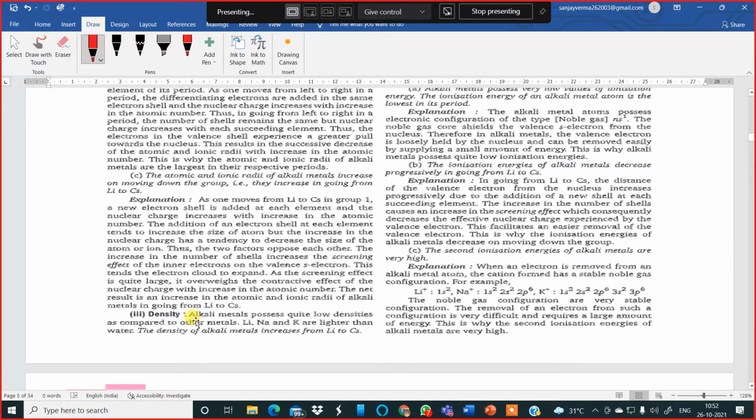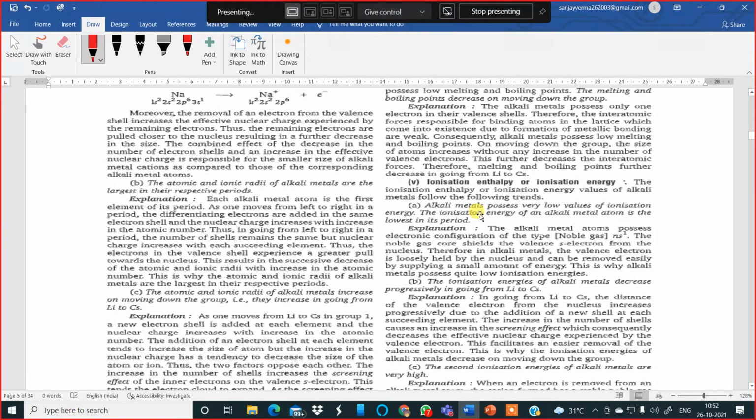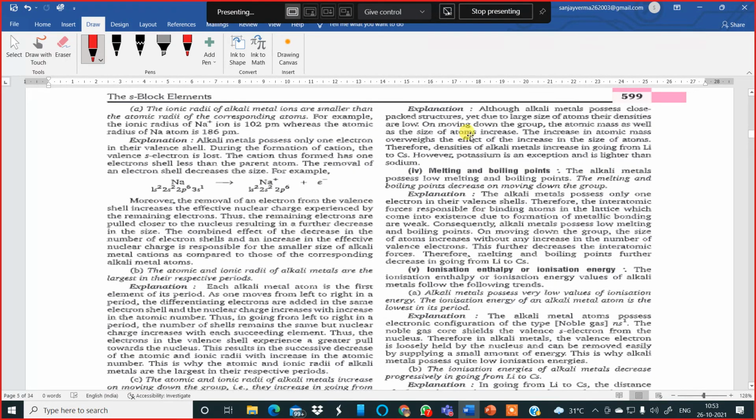Density, you can mark it, it is important. Alkali metals possess quite low densities as compared to other metals. Lithium, sodium, and potassium are lighter than water. The density of alkali metals increases from lithium to cesium. Remember that. Then, the explanation for the density: although alkali metals possess close packed structures, yet due to the large size of the atom, the densities are low.